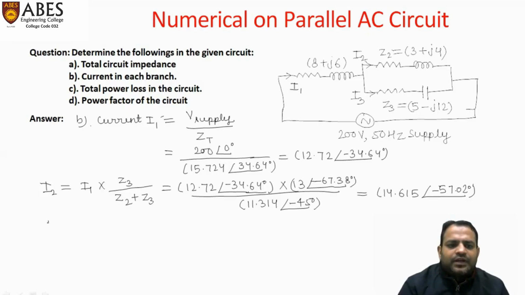Now for I3, which is I1 into Z2 upon Z2 plus Z3.